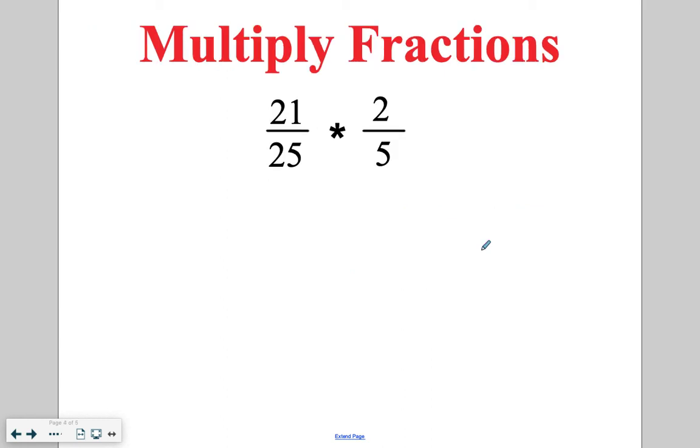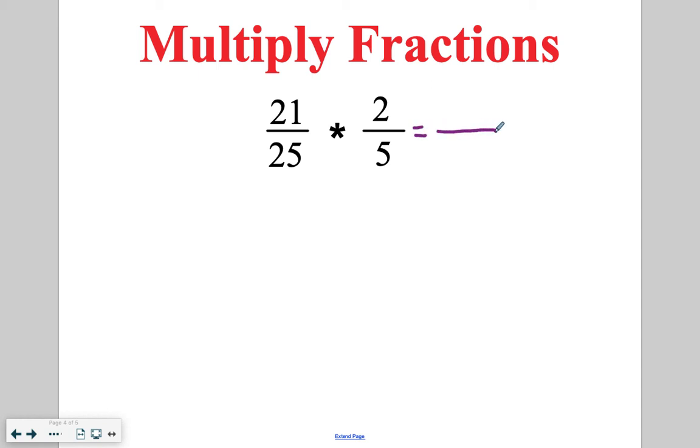The other piece we're going to talk about is multiplying fractions and fractions. Again, you're going to start by looking to cross-reduce. Can you cross-reduce 21 and 5? No, you cannot. Can you cross-reduce 25 and 2? No, you cannot. So then you just need to do your multiplication.